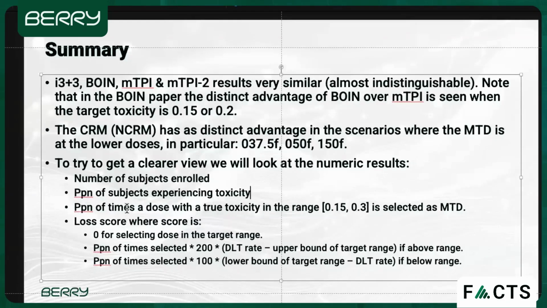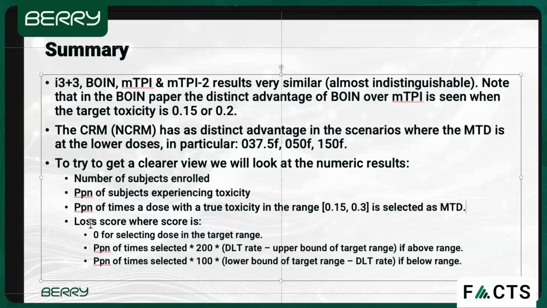We'll look at the proportion of times that a dose was correctly found and that we had a toxicity rate in the interval. And then, because that's perhaps a slightly crude measure, we might want to penalize a design which may have the same ability to choose the MTD, but if it fails, it's more likely to pick too high a dose. We might say that's worse than picking too low a dose.